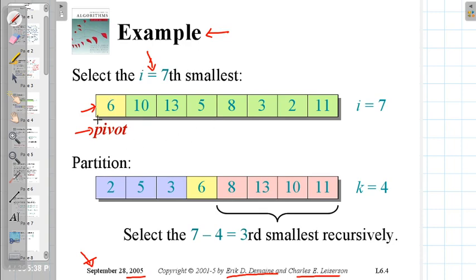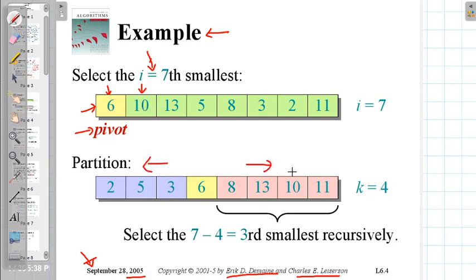Now after choosing the pivot, say randomly I have chosen this pivot, and then around this we have to partition the list into two parts. First of all, this 10 I have to check whether it is less than or greater than the 6, and then accordingly send it to this side or this side.